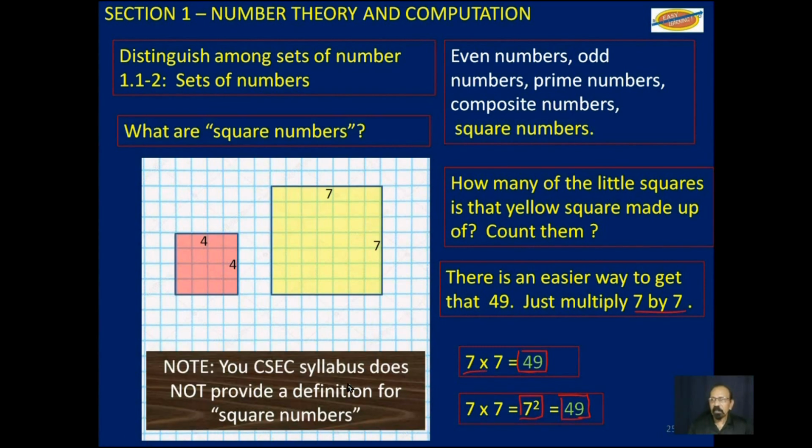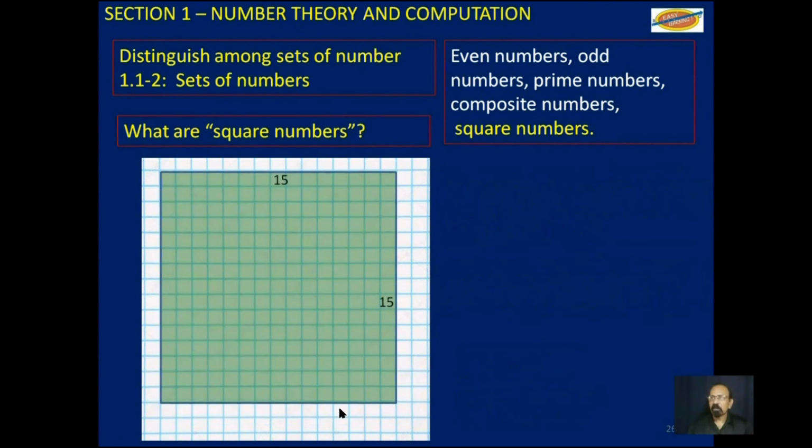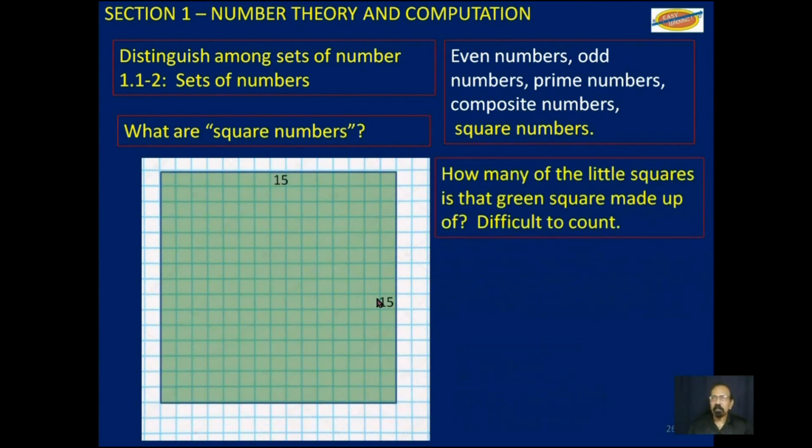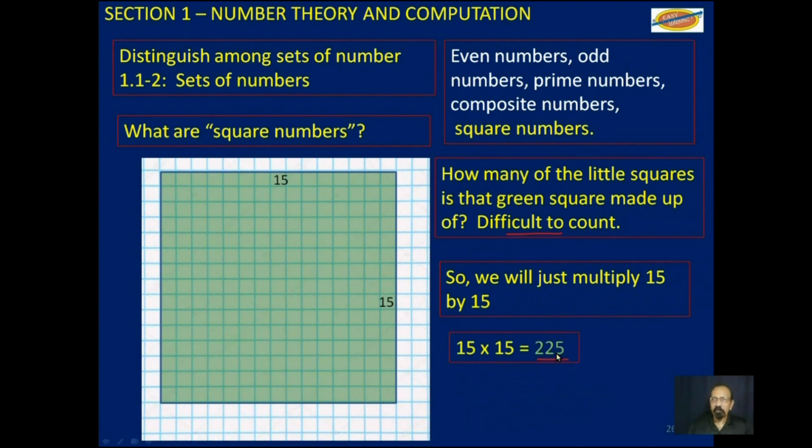Now, CXC does not provide a definition for square numbers. 15 by 15, multiply them, you get 225. So 15 squared, that is 15 multiplied by 15, would give 225. 225 is the square number.